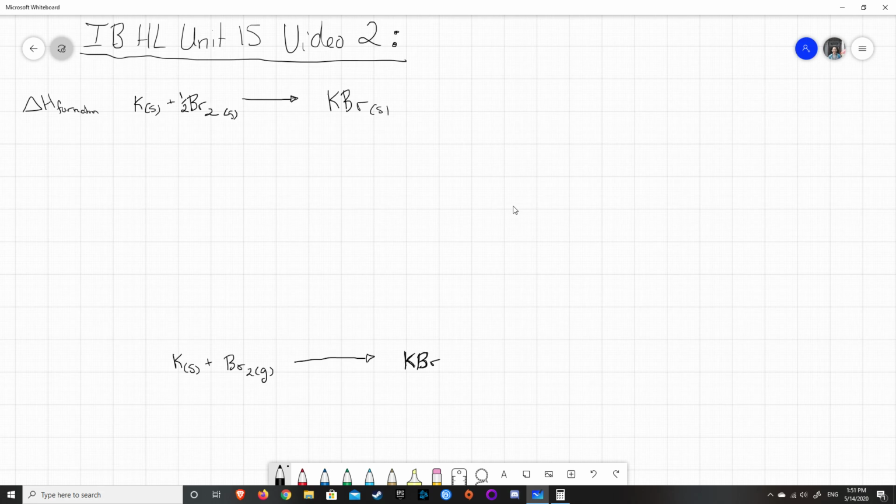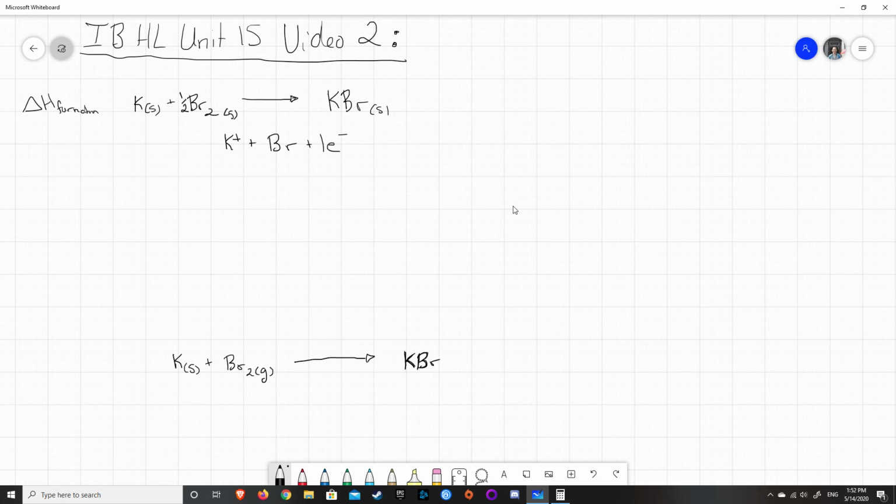Now we think endothermic processes on the left and exothermic processes on the right. So in order, our first one, we need both of these at the top to be potassium metal plus bromine plus 1 electron.